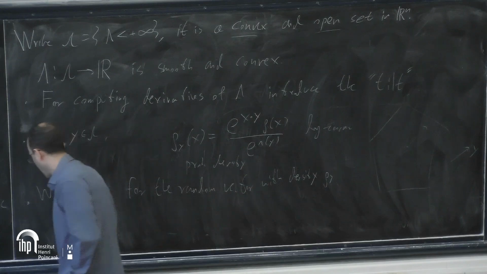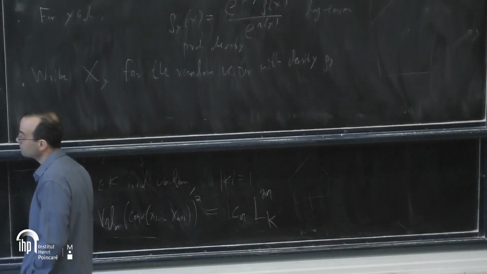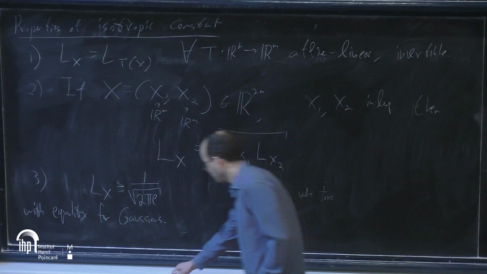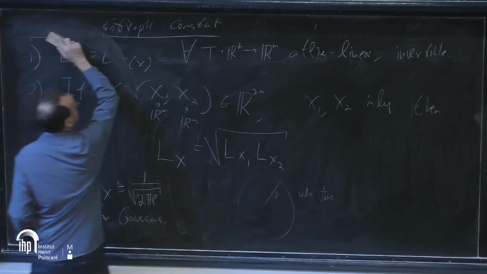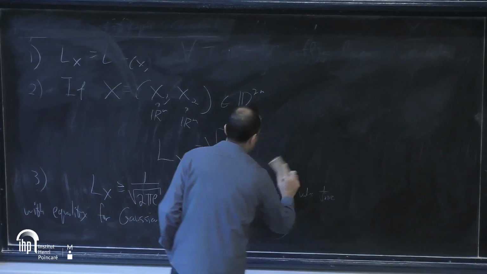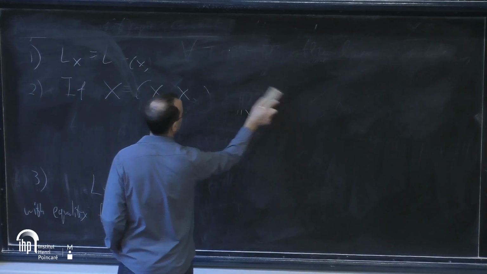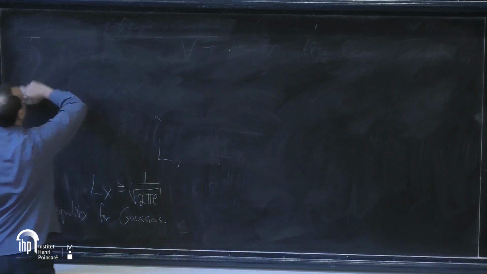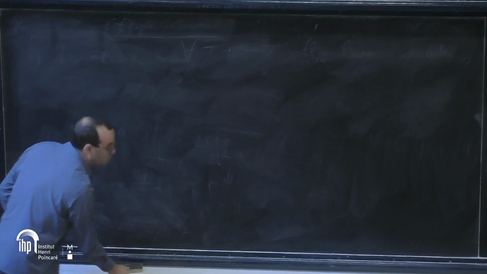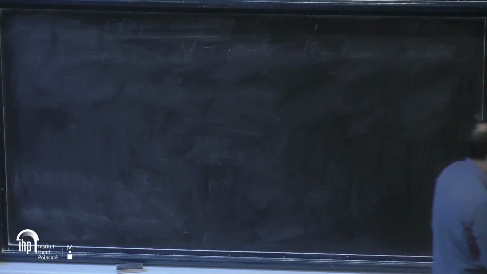Okay? And the claim is that we may express derivatives of lambda with the help of this tilted random vector. This is because the log Laplace transform is the cumulant generating function.